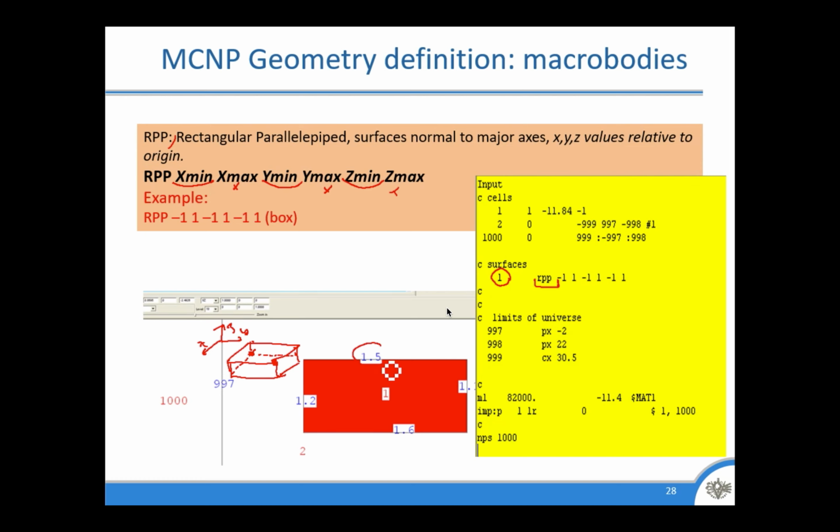On Vised, you will see different planes. And this, for instance, is the plane 1.5. So 1 because it's related to the macro body 1 I created, and 5 because all these planes receive a number from 1 to 6.